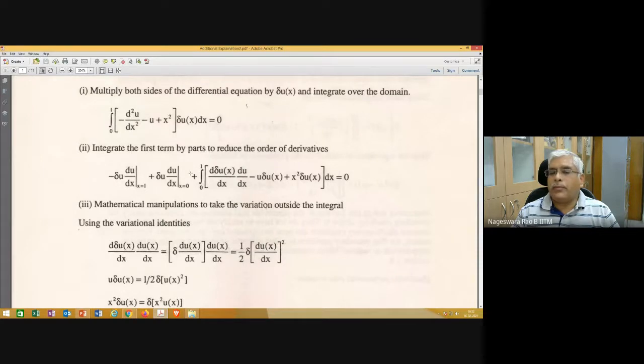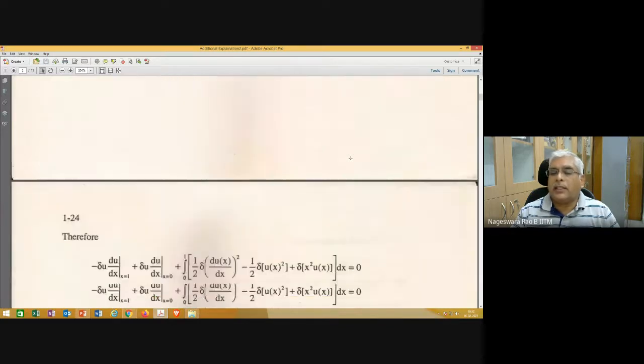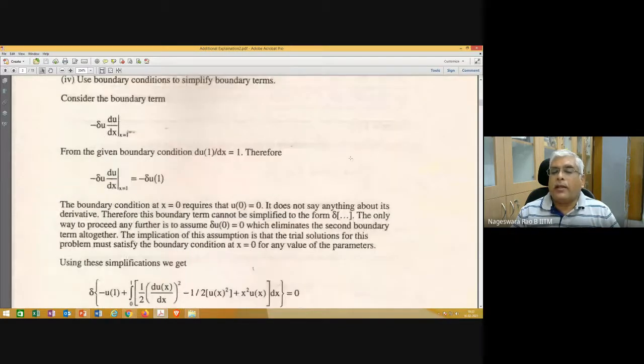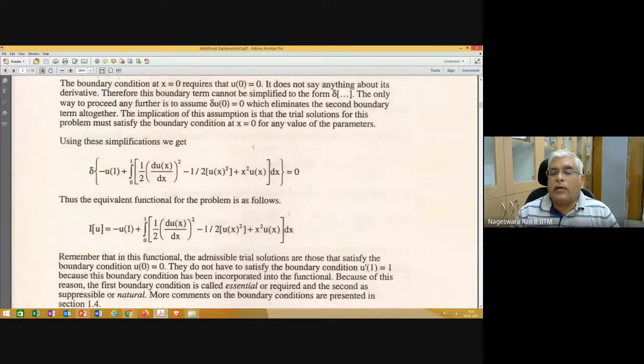First step, second step, and also apply all the variational identities. Using the boundary conditions, simplify the boundary terms, and finally you got this. This is the equivalent functional for this problem.